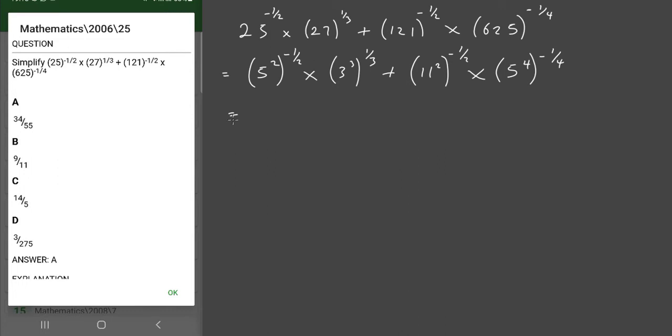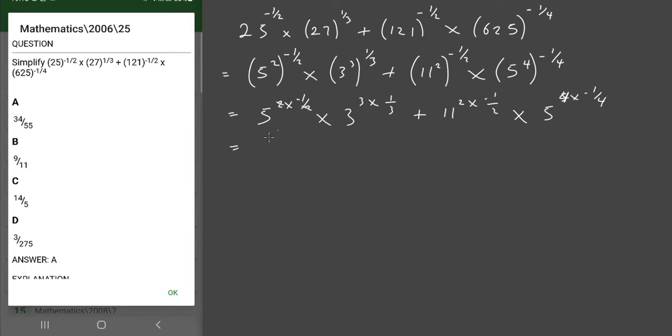Since we are dealing with the double power law, you take this 5, then raise to the power of 2 times minus 1 over 2, then times 3 raised to the power of 3 times 1 over 3, then plus 11 raised to the power of 2 times minus 1 over 2 times 5 raised to the power of 4 times minus 1 over 4.